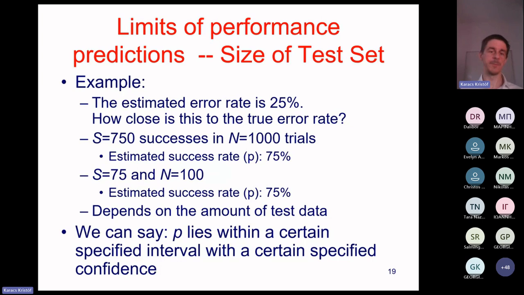For example, if we measure a 25% error rate on the test set, it still does not guarantee that if we start using this model on newer and newer samples, which we don't have access to at the moment, the error rate is going to be exactly 25%. Of course, because even if those samples come from the same distribution, it will just be a different sample, and different samples can behave differently.